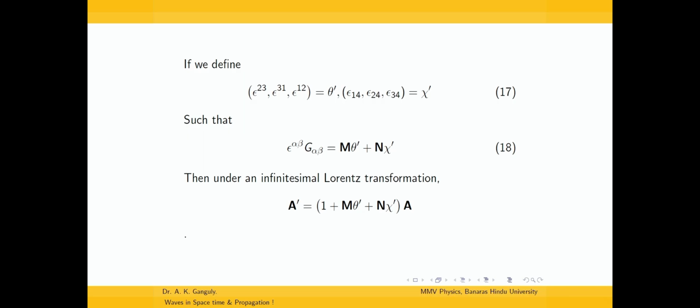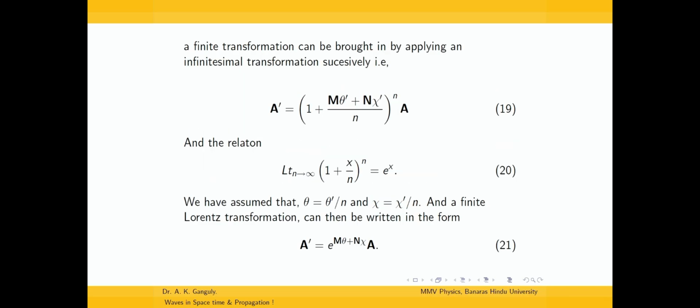And this turns out to be possible if we recall the relation that is given by equation 20, that gives us 1 plus x over n to the power small n, in the limit n goes to infinity, exponentiates the x and it leaves us with e to the power x.